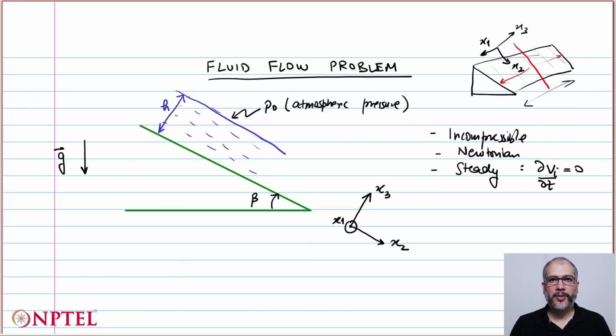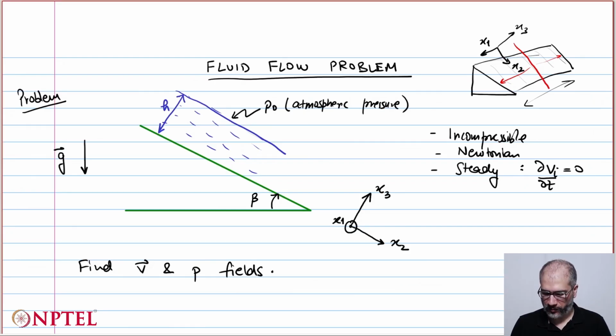So given this information, let's call this the problem that we are solving. We are asked to find the velocity field and the pressure field. So we have to find the velocity and pressure fields in this situation.